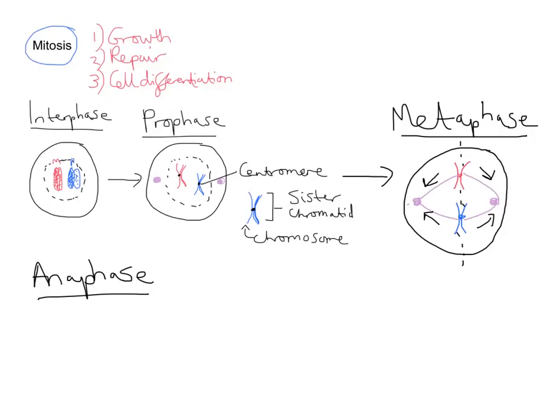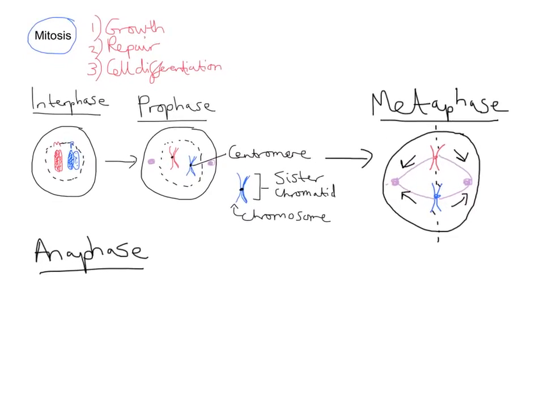Now, anaphase basically is just a phase when we see those chromatids being pulled by those spindle fibres. Looks a little bit like this. If we just draw a very rough sketch.